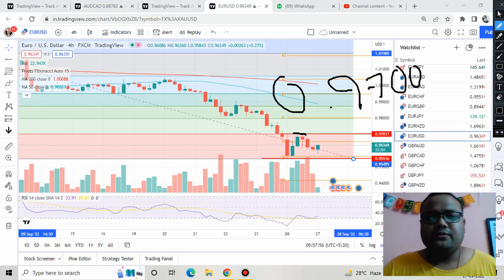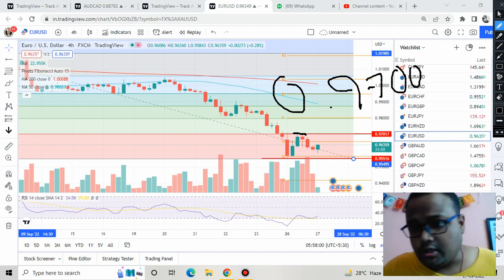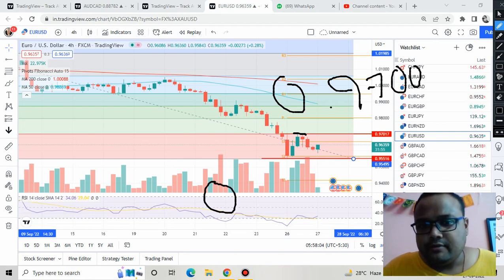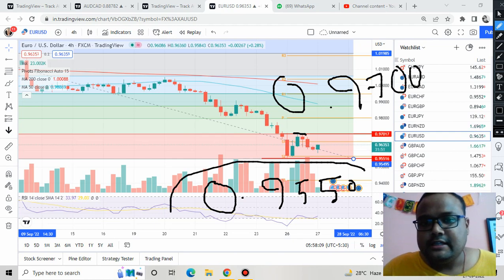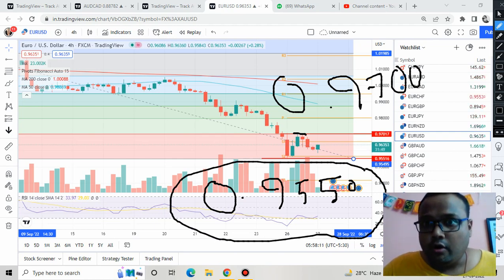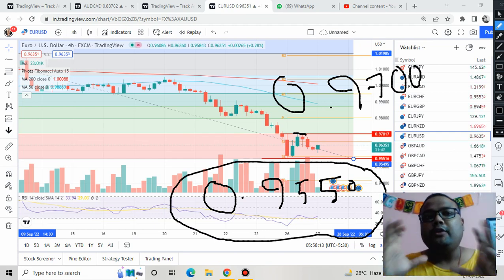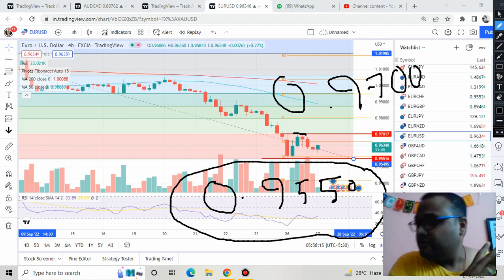Okay, as we were hoping that the Fibonacci 23.6% would work, and it worked also. So this is the previous high of the market, and then we have 0.9550. This is the previous low of the market. So this is the range of Euro USD, and that was the range of DXY.